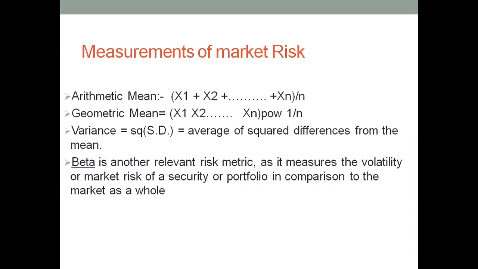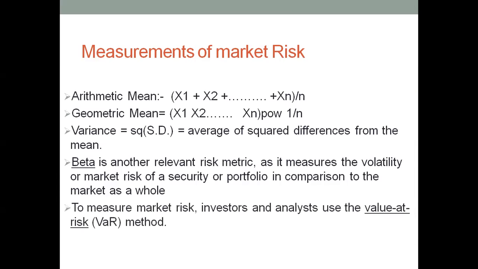That means if the market is moving in a positive direction, the company's share will also increase, but by double the market return. If it is minus 2, it will move in the negative direction. So if the market is giving a positive return, the company's stock will give a negative return, also twice that of the market. So this is a sensitivity measurement between the market return and the company's return.